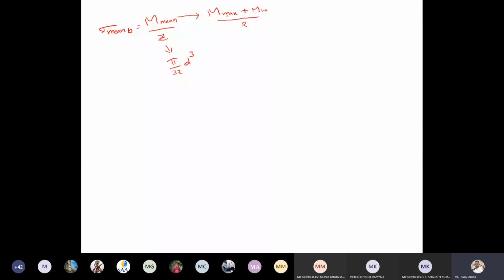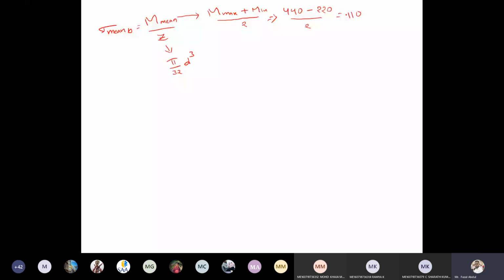The maximum value is given in the question as 440 Newton meter, and the minimum is minus 220. So 440 minus 220 by 2, how much will we get? This is 110.